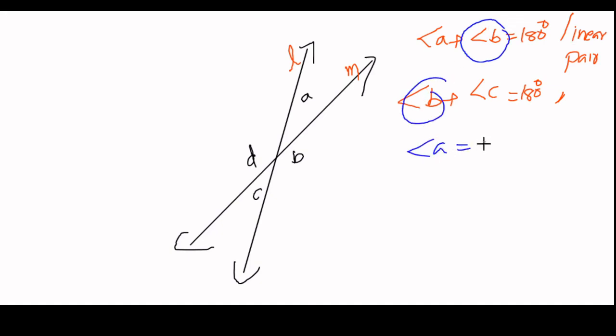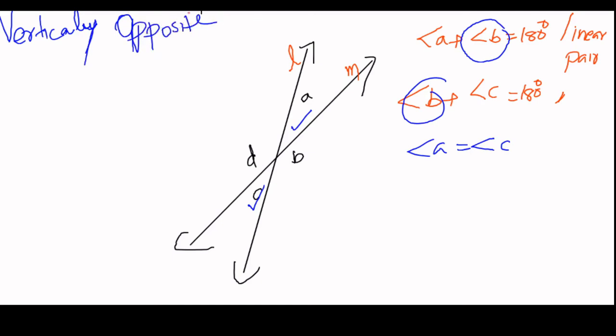We know that a linear pair will be 180 degrees, and if you look into this, angle B is common, which means angle A is equal to angle C by measure, and they are already told as opposite angles. Such angles are named as vertically opposite angles and they will be congruent, they will be equal. Understood?